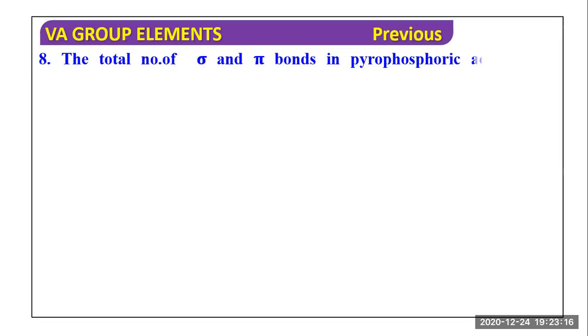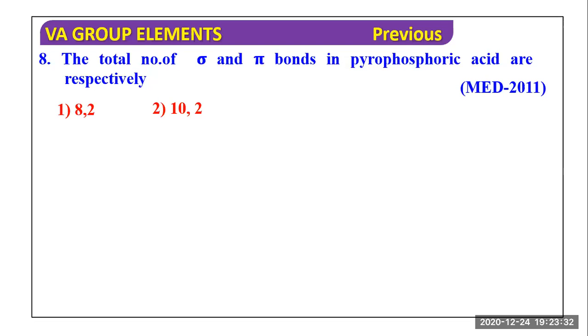The total number of sigma and pi bonds in pyrophosphoric acid are respectively. You already know the structure of pyrophosphoric acid. There are 2 pi bonds, phosphorus-oxygen double bonds. So which one is the correct?